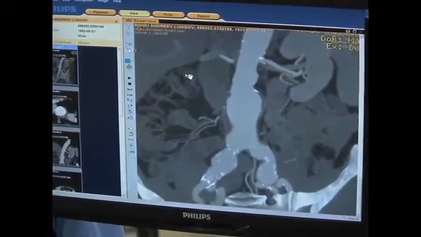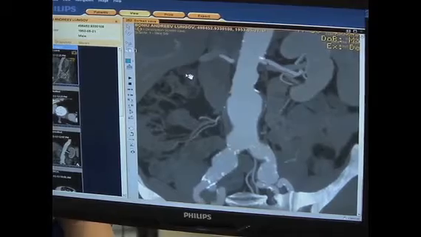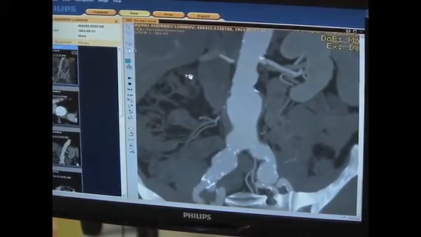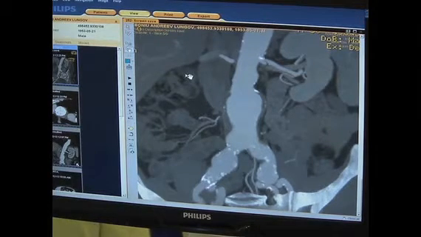So, Ivo, based on this scan, what was the initial plan to treat this patient? Okay, well, we decided to put a flared leg on the left side in order to seal the aneurysm, and because the distal part of the right iliac aneurysm is more or less suitable to seal with a non-flared iliac leg, we decided to use this three-part system.